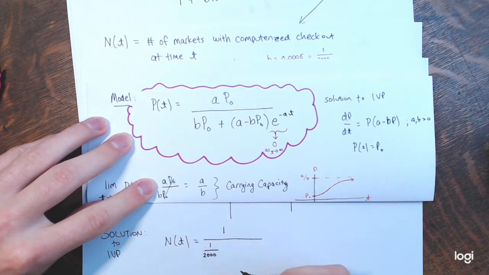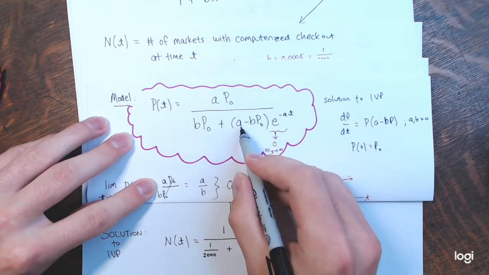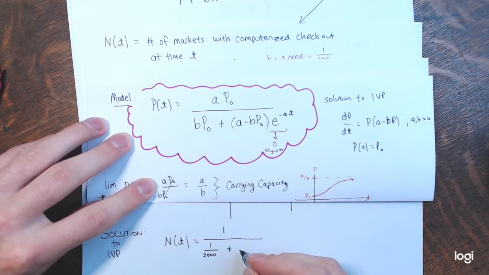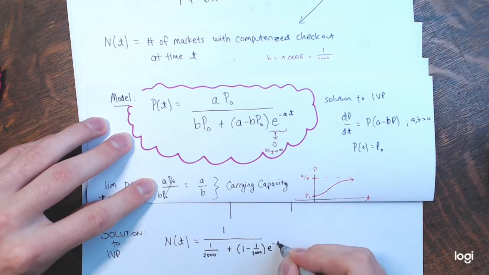I'm going to write it as 1/2,000th times P0 which is 1, plus A minus B P0, so the quantity 1 minus 1/2,000th, times e to the negative at, so just e to the negative t, because again, A was 1.